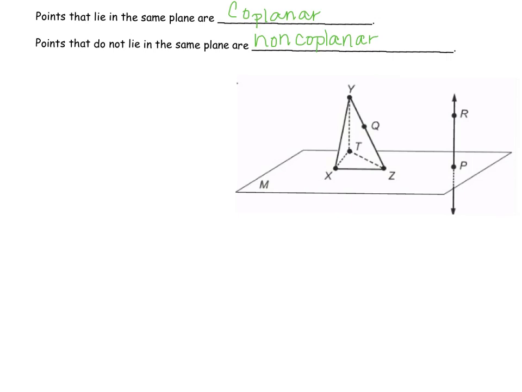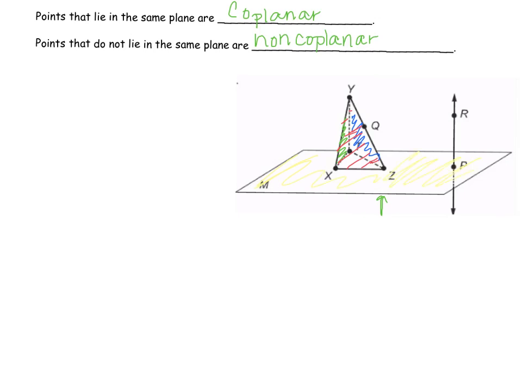So for example, in the diagram below, we have one plane, then we have part of another plane here, part of another plane here, and we have part of another plane on the front here, and we also have this plane down here as well.